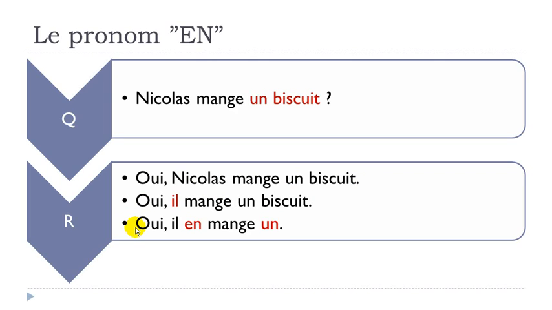The difference here between what we saw with the partitif and now is that you've got the quantity, so you know exactly how many or how much, okay? So you've got to put that at the end of your sentence. Oui, il en, so you put your pronoun here before the verb, and after that you put un. Il en mange un. All right?